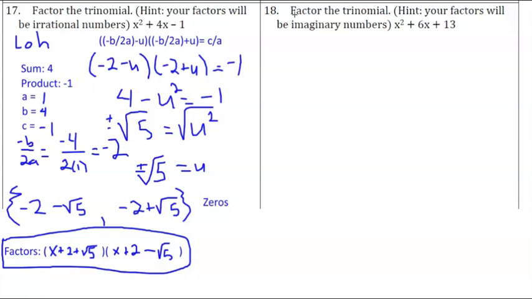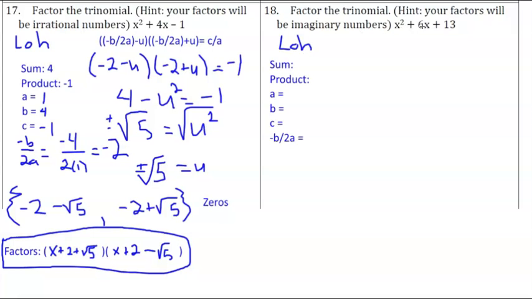Number 18. Factor the trinomial. Hint, your factors will be imaginary numbers. X squared plus 6x plus 13. The only method that we talked about that has imaginary numbers is the low method, so we'll use the low method again. So we have our formula, and we will find our sum, product, ABC, and our negative b over 2a.